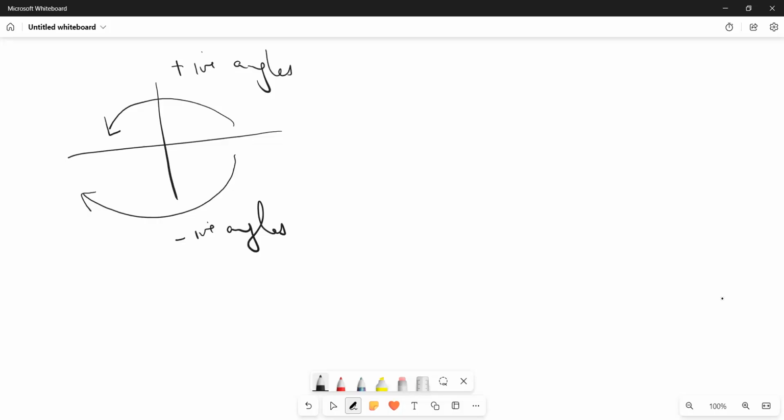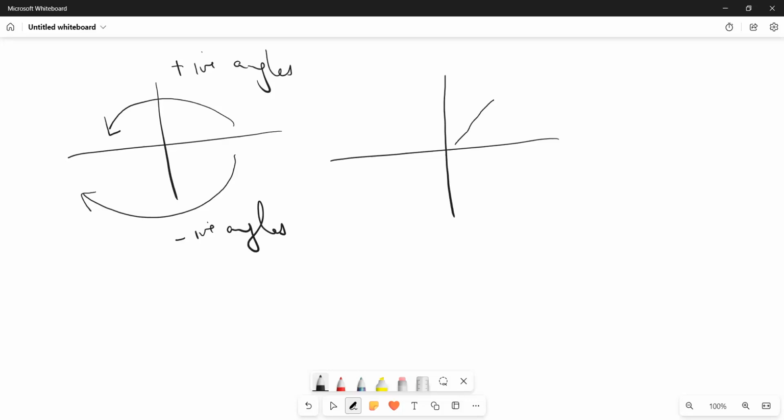So what we want to do is expand our definition now to the general angle. We're not sticking to acute angles. We're not talking about just angles between 0 and 360. We're talking about any angle, whether it's 1,000 degrees or negative 1,000 degrees. So let's say we take just any angle.